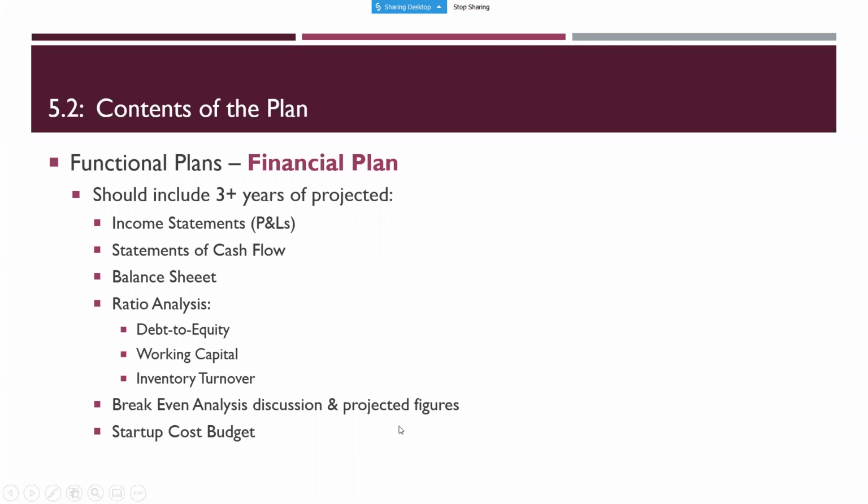Okay, so our startup cost budget: our initial marketing materials, our fees for our applications. There are initial fees for things such as incorporation or to set up an LLC with the state of Illinois.